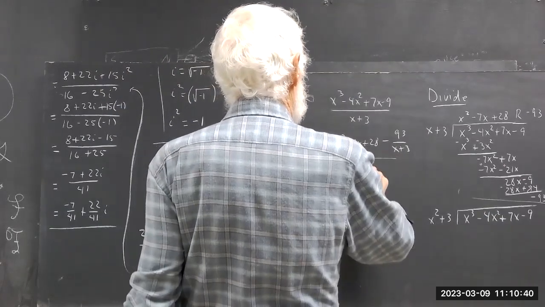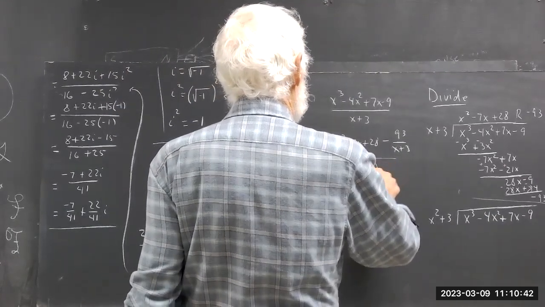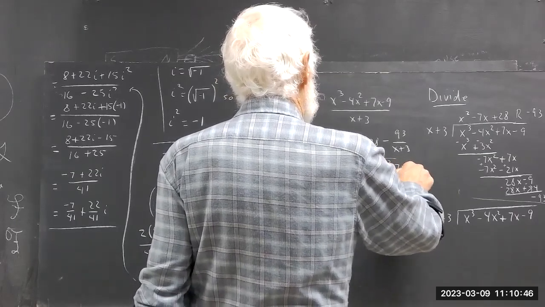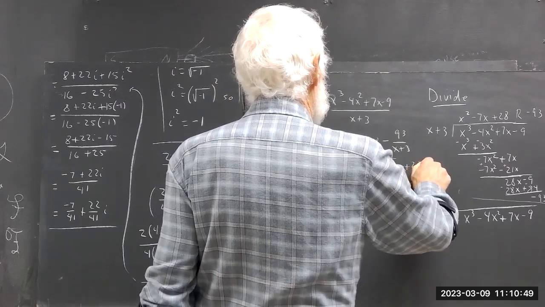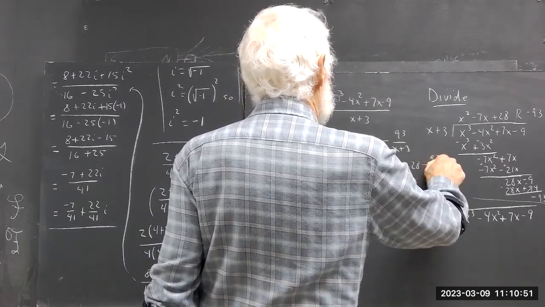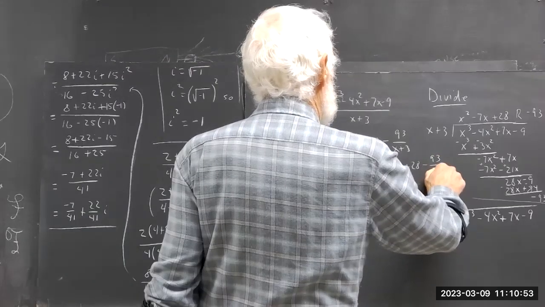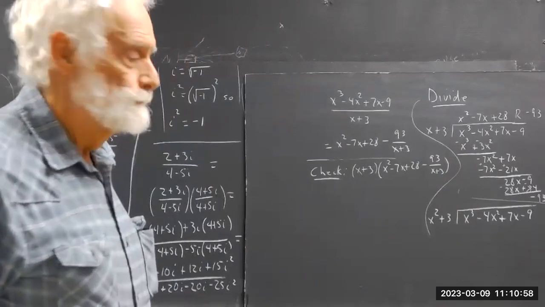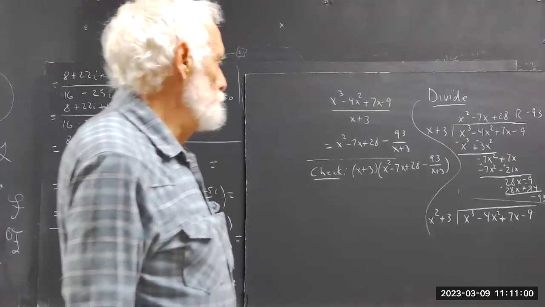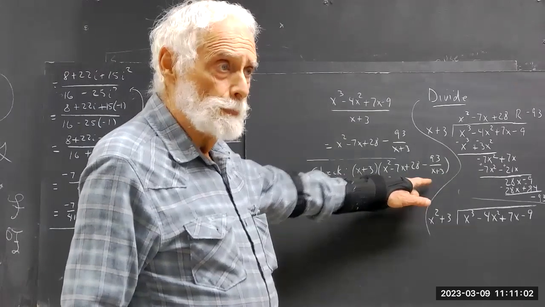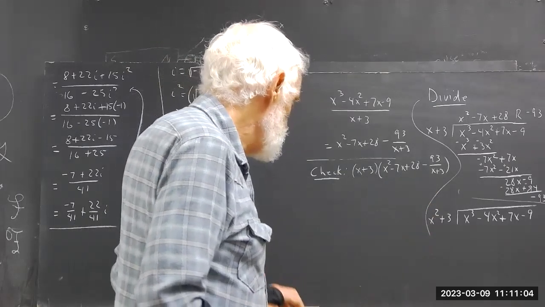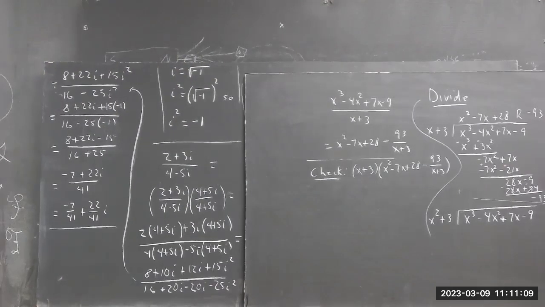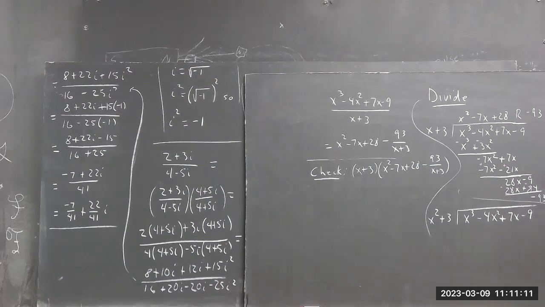Let's multiply x plus 3 by x squared minus 7x plus 28 minus 93 over x plus 3. Well, use the distributive law and multiply that for me. See if I did it right or not.